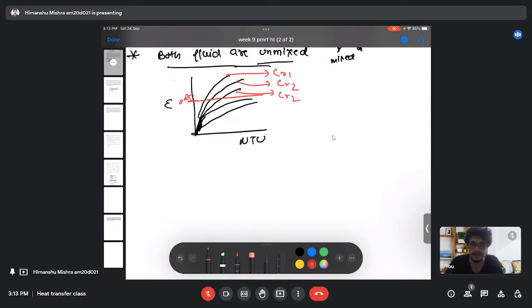So if the heat capacity ratio is CR1, then my NTU would be this value. And similarly, if my heat capacity ratio is CR3, my NTU would be this value. So when both fluids are unmixed, it is better to use this plot for finding the NTU rather than solving the correlation given for the effectiveness.